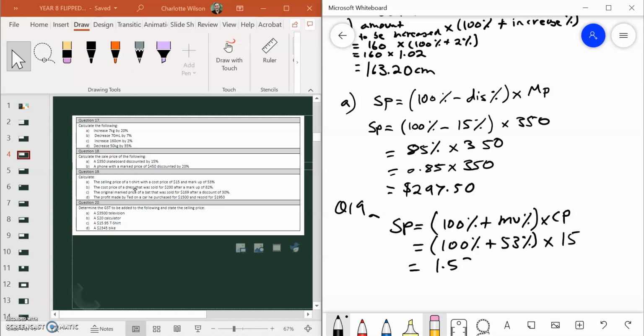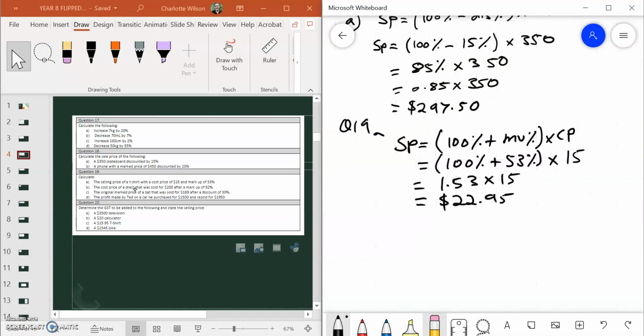So we're going to have 1.53 times by 15, which is going to give us a value of $22.95. So that t-shirt is going to sell for $22.95 after it's been marked up by 53%.